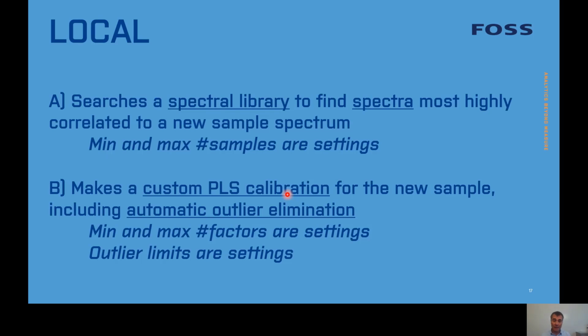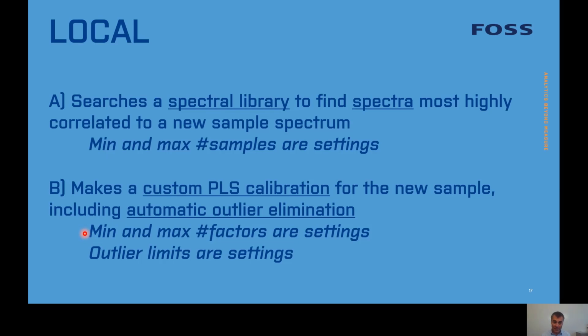And built into this model, we have automatic outlier elimination, because since we don't have any human interaction here, it's completely done by the computer and the program. We have to make sure that outliers are eliminated in order not to impact the specific PLS model. And there are also specific things that you can set in the program with respect to the PLS model.